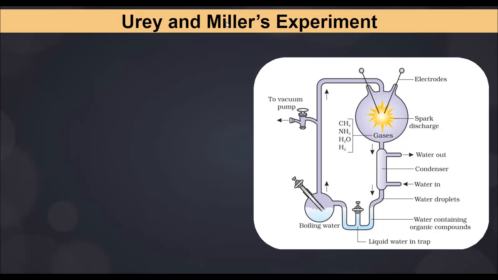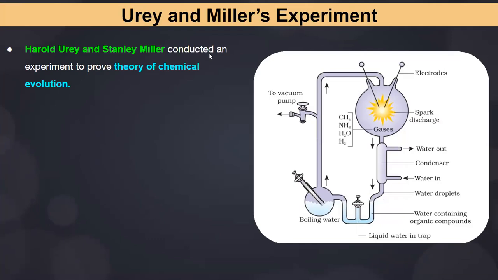As such, they did not conduct any standardized experiment which proved their theories. So they presumed, and they gave a lot of literature support to that. Now Urey and Miller, after approximately 30 years, came together and provided the first experimental evidence in support of the theory of chemical evolution.